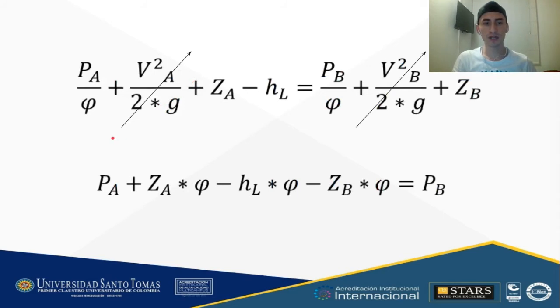After that we used the energy equation, and as you can see we cancel the speed term, assuming the speed was the same throughout the pipeline. With this assumption, we find this equation to find the pressure at node B.